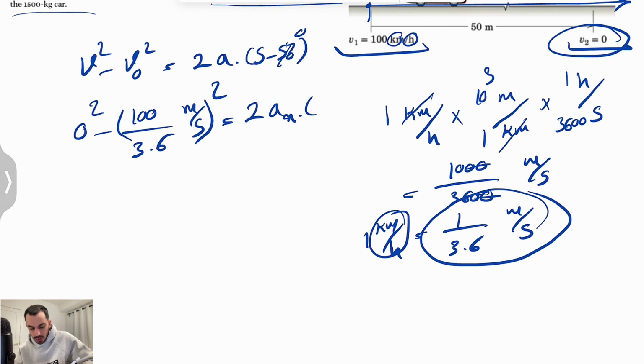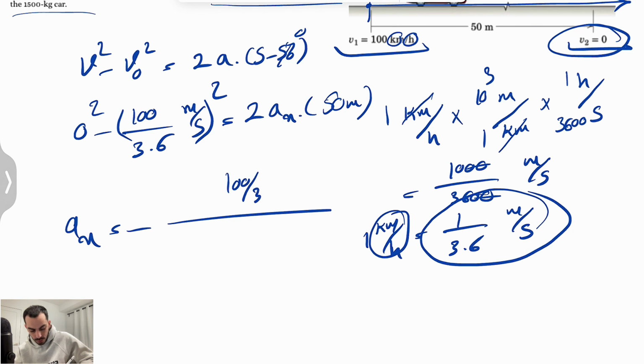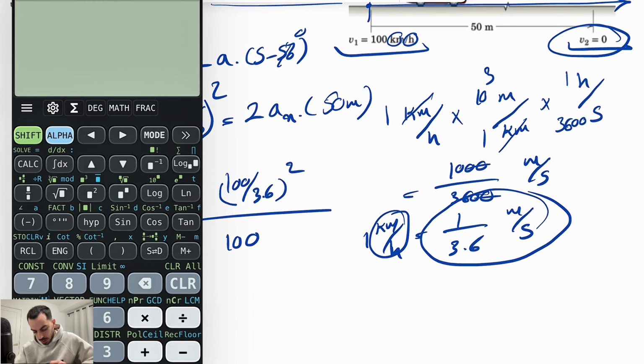So this is going to be 0, our s is 50 meters, and now we're consistent with all the units. Here we can find ax, it's going to be negative, and we have basically 100 divided by 3.6 squared over 100. Let's calculate this.